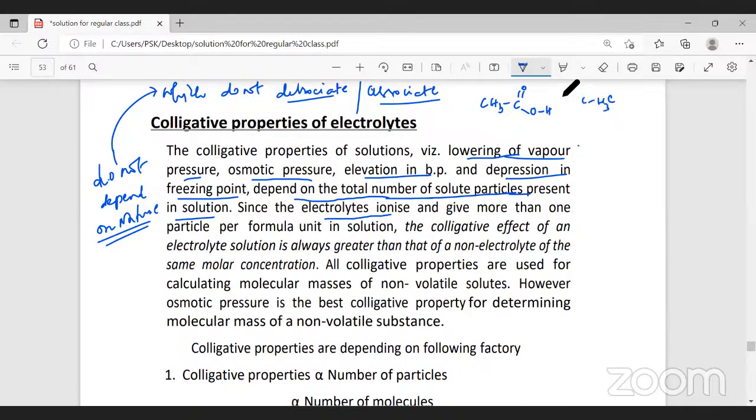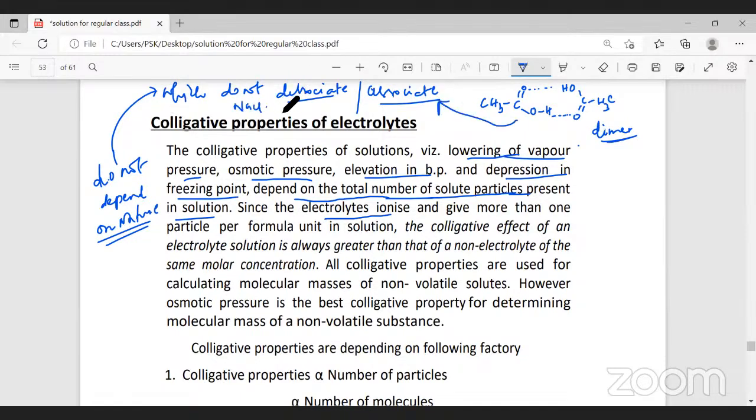When acetic acid is dissolved in water, these acetic acid molecules join with each other through hydrogen bonding. So this kind of molecule is called a dimer. What do you mean by dimer? Di means two, mer means molecules. So this kind of process is called association.